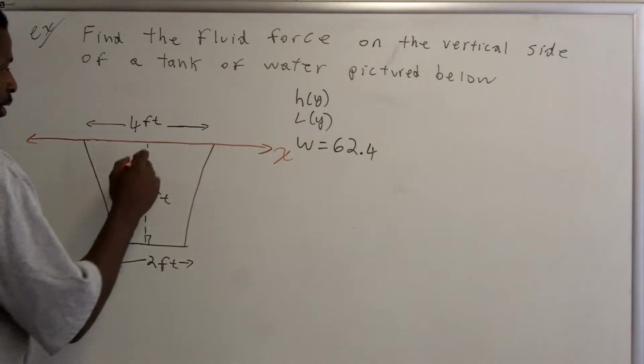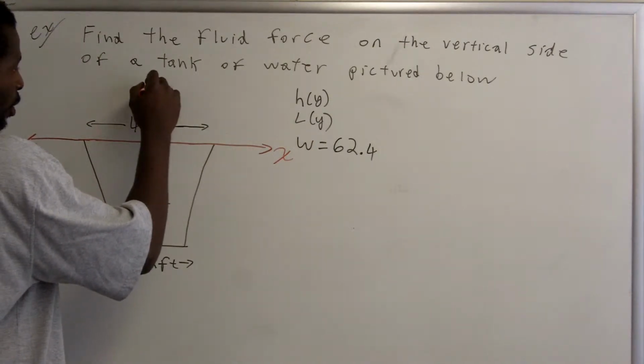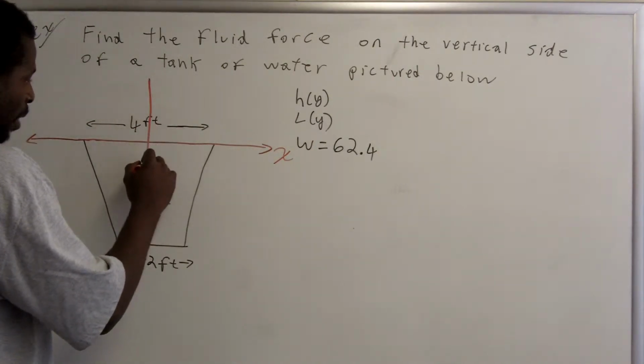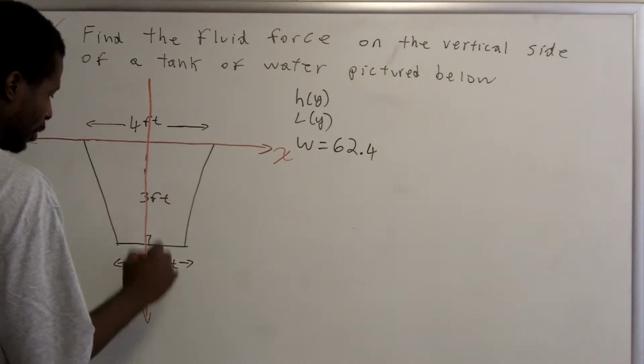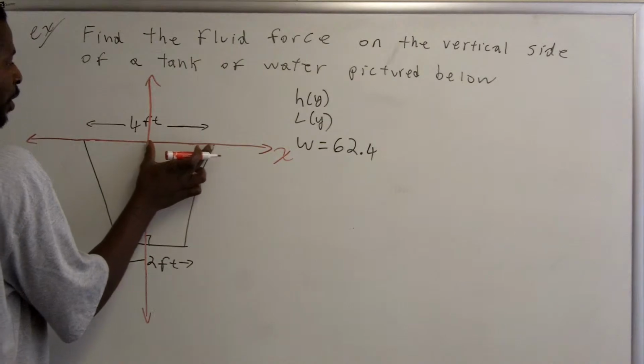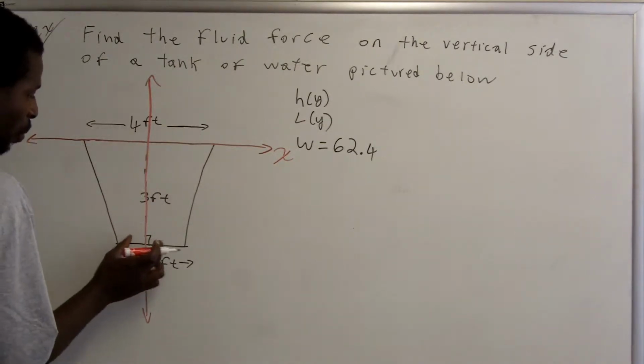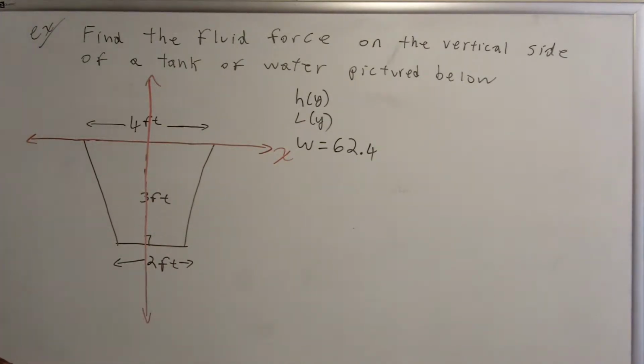And the y-axis is going to go through and bisect this trapezoid, so that there's 2 feet on this side, 2 feet on this side, 1 foot down here, 1 foot down there. So this is my y-axis. That's my axis system. Now that I've attached an axis system, I can actually come up with some functions.